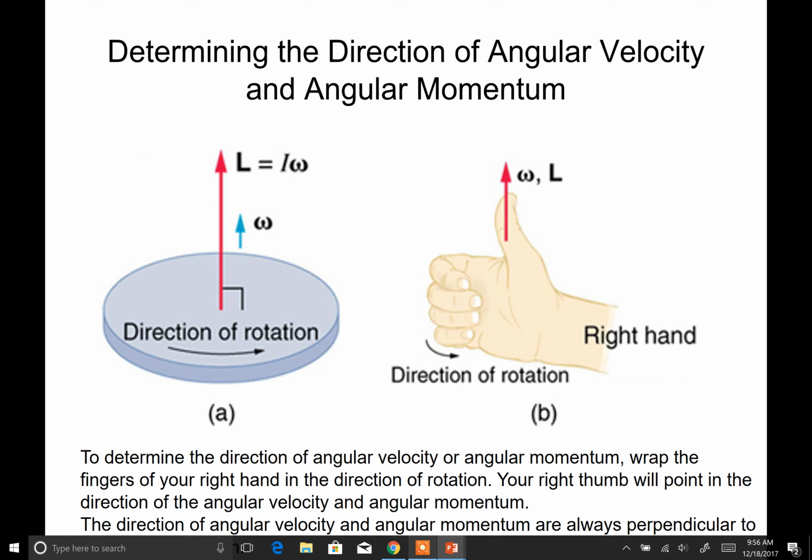On the other hand, if your thumb points down, the direction of the angular velocity and angular momentum are in the downward direction. So your thumb tells you the direction as long as your fingers are wrapped in the direction of rotation. The direction of angular velocity and angular momentum are always perpendicular to the plane of rotation.